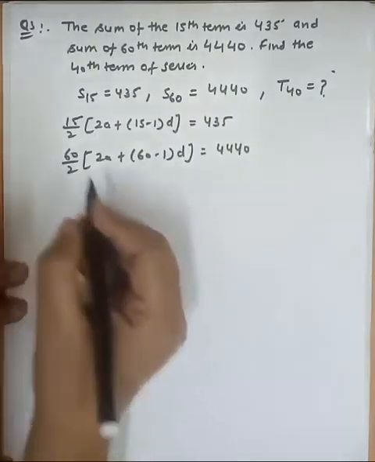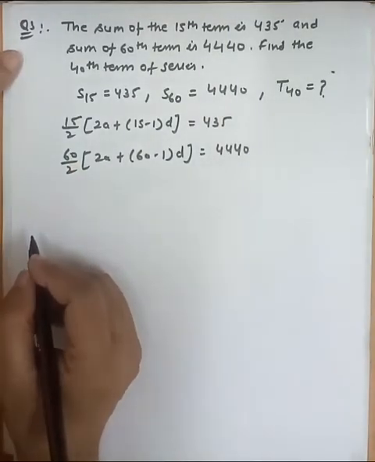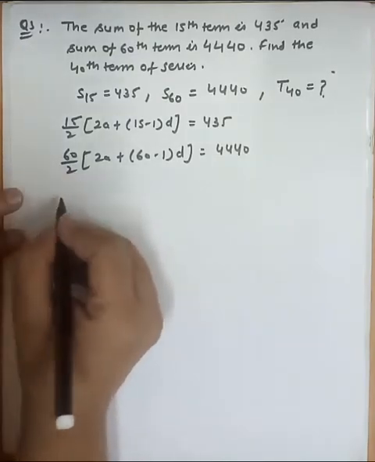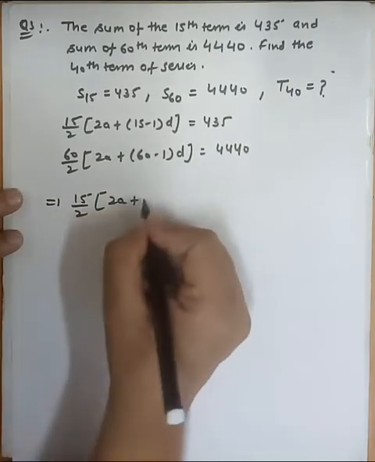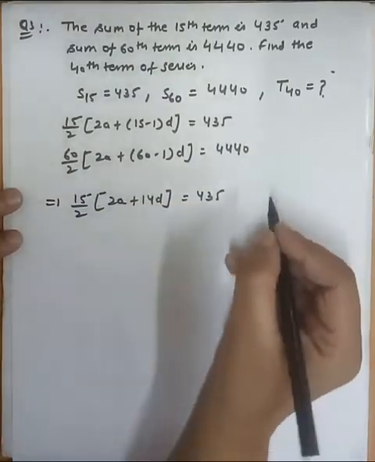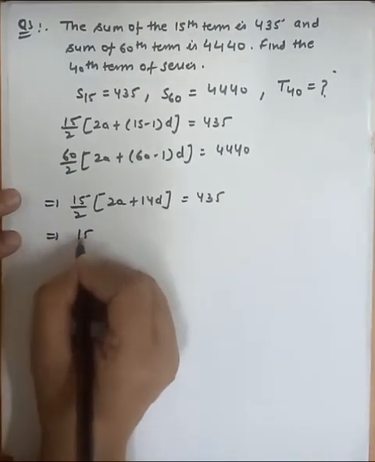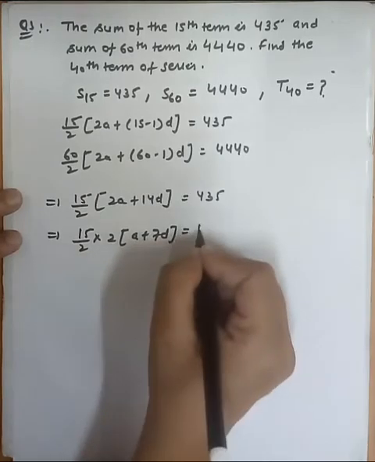Now simplify all the equations. So simplify 15 by 2, 2a plus 14d equal to 435. Again solve this: 15 by 2 into 2a plus 14d.